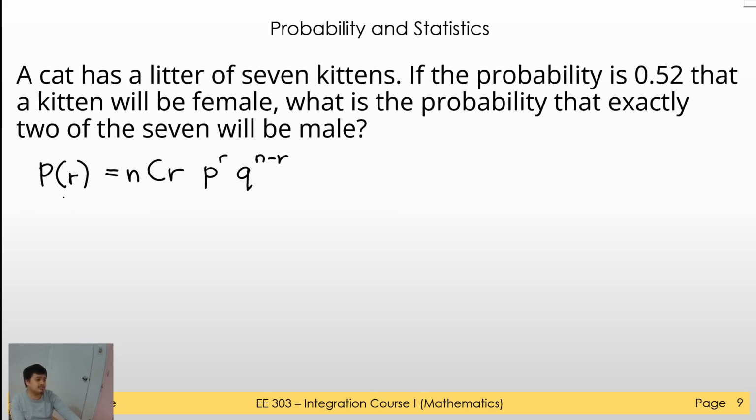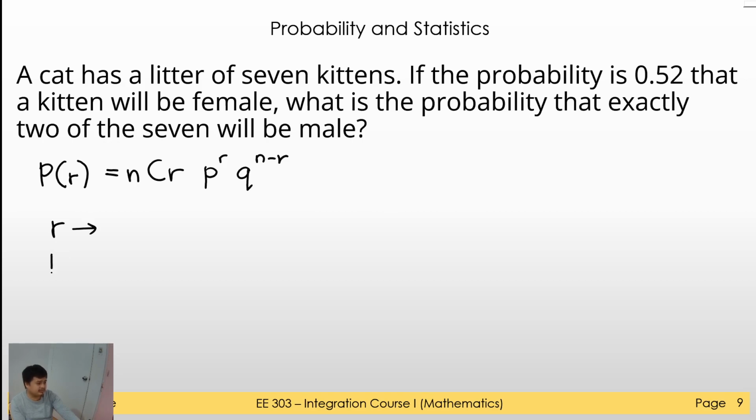So what is R here? R is the number of successes we are interested in.